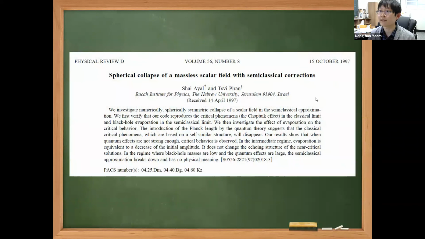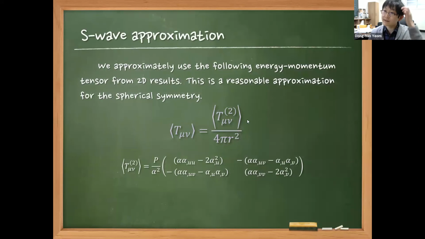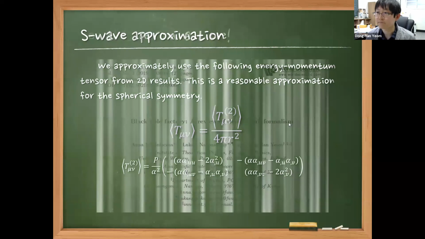What they did is to apply the S-wave approximation. This is a 2-dimensional result, and we divide by 4 pi r squared. This is a crude approximation, but still within the spherical symmetry case, it may be a good approximation.